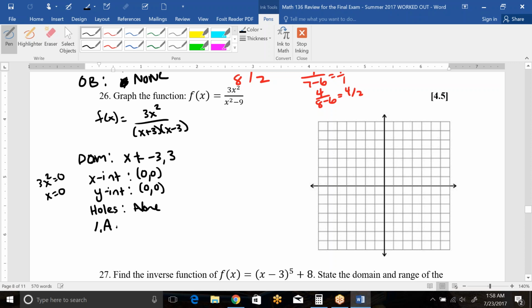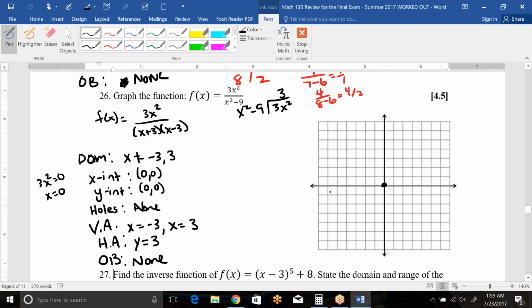Let's see, vertical asymptote, x equals -3, x equals +3. Horizontal versus oblique. If we do long division, x squared minus 9 into 3x squared. X squared goes into 3x squared 3 times. No x's on top, so that's going to be a horizontal at y equals 3, which means none for the oblique.